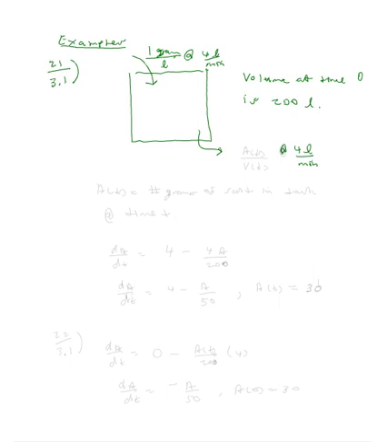Well, the concentration of the fluid coming out is the amount of salt in the tank at time t divided by the volume in the tank at time t. Here we're using A of t to represent the number of grams of salt in the tank at time t.